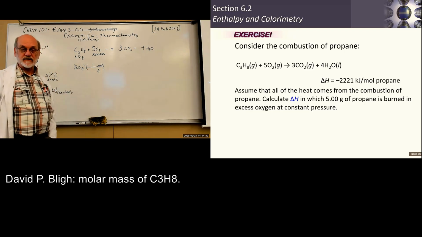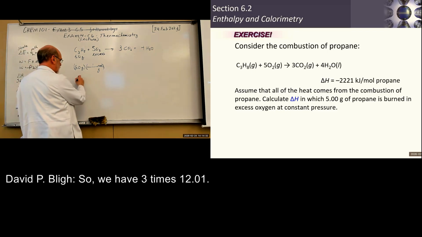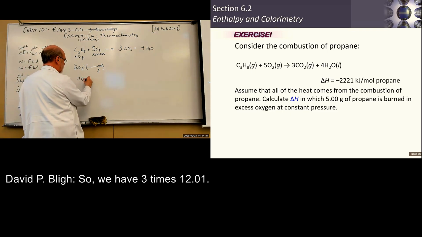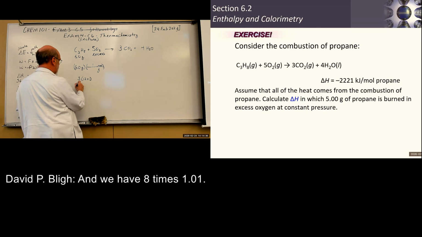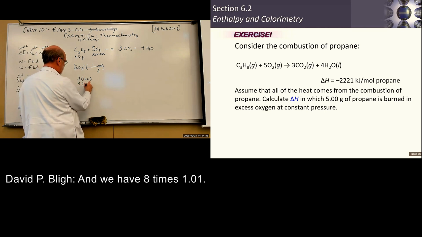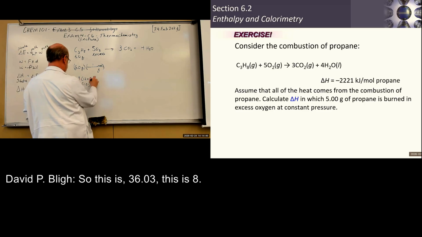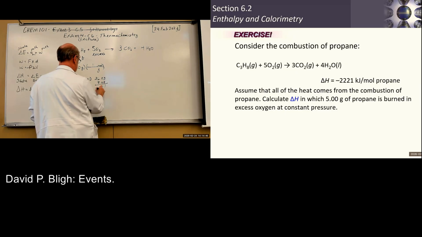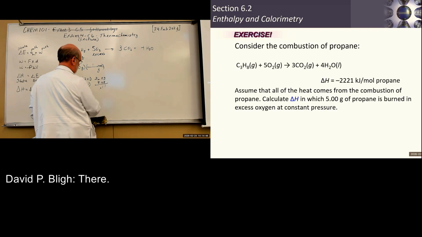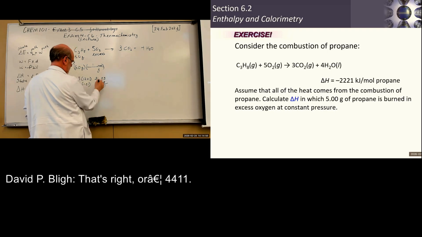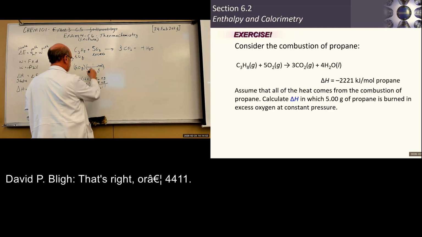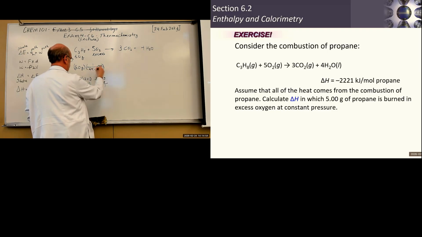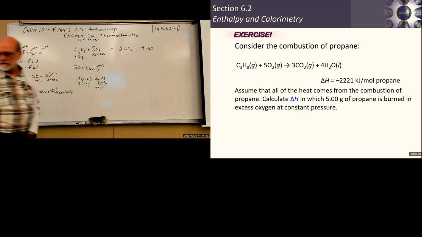Molar mass of C3H8: 3 times 12.01, and 8 times 1.01. So this is 36.03, this is 8.08, and that's 44.11 grams per mole. Divided into 5.